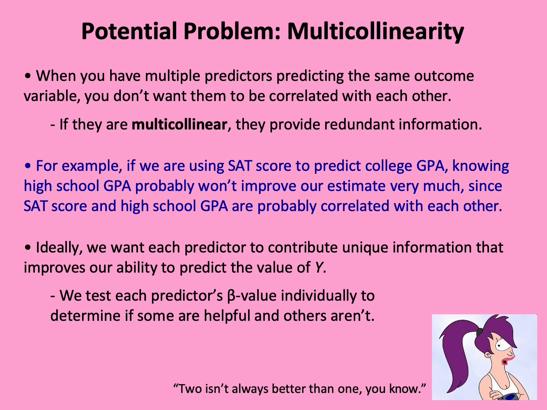So for example, if we're using SAT scores to predict grades in college, knowing high school GPA probably won't improve our estimate very much, since SAT score and high school GPA are probably very much related to each other, right?